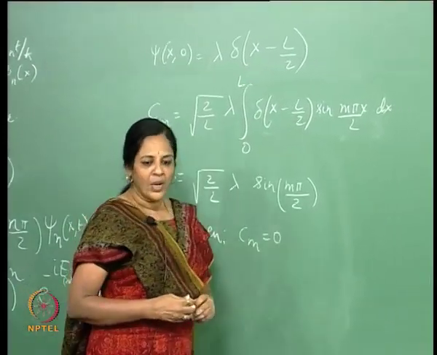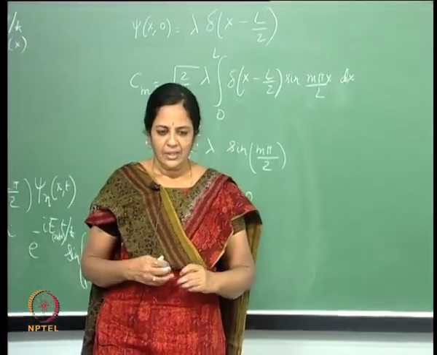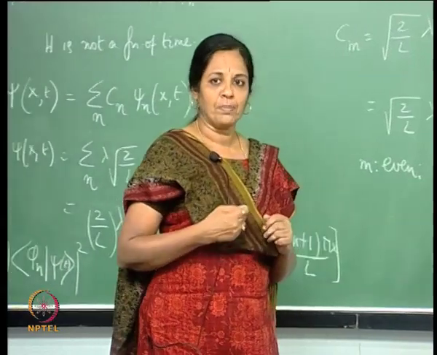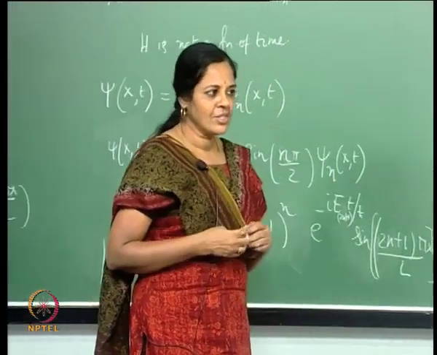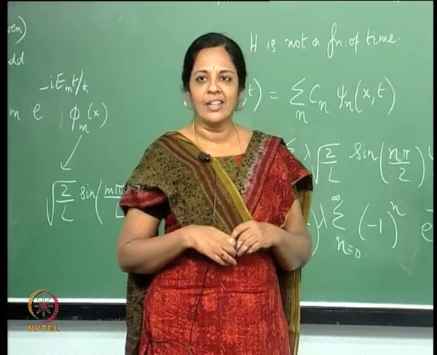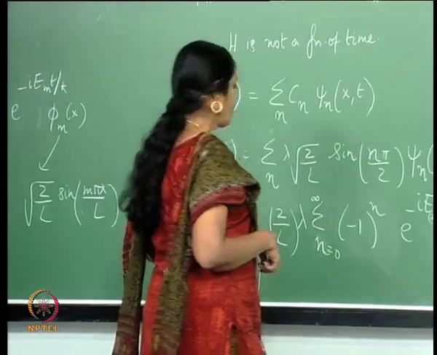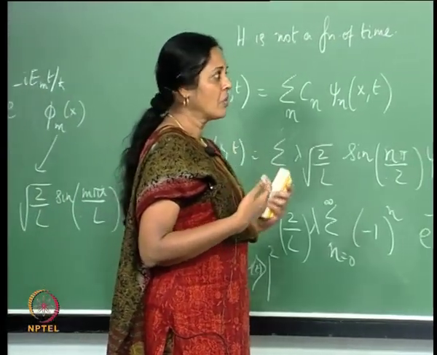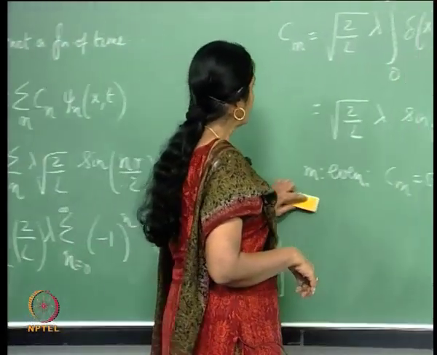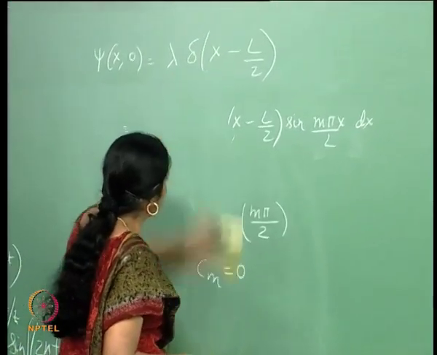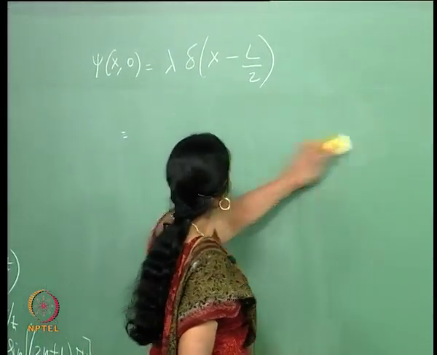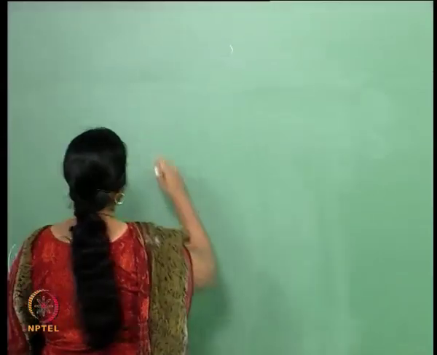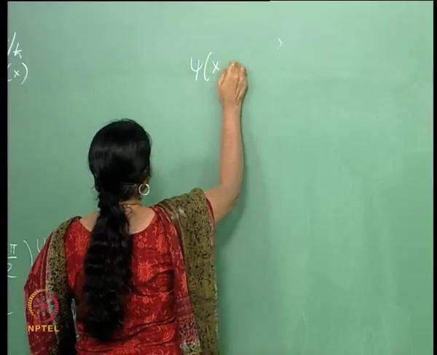So, one way of handling this is to consider an initial state which is not so sharply peaked like a delta function, something which is tempered a little bit, and then perhaps we can go to the limit of the delta function. So, let us look at a different kind of initial state psi, which is somewhat tempered.